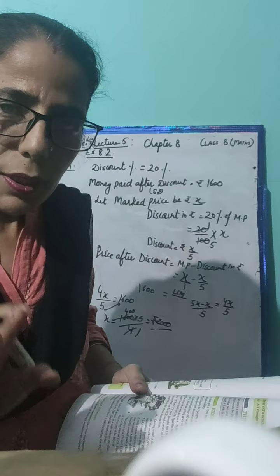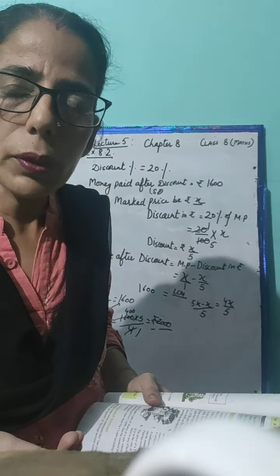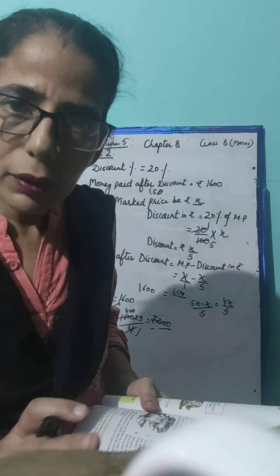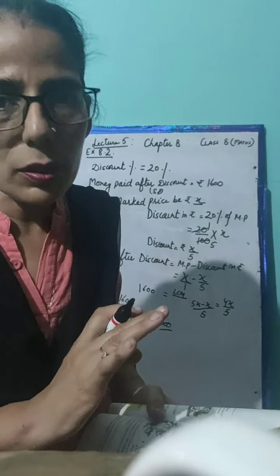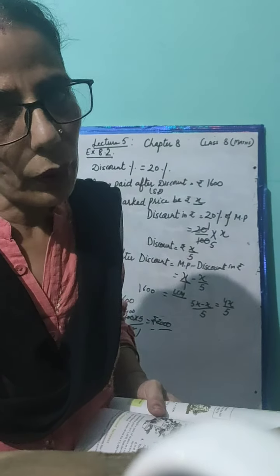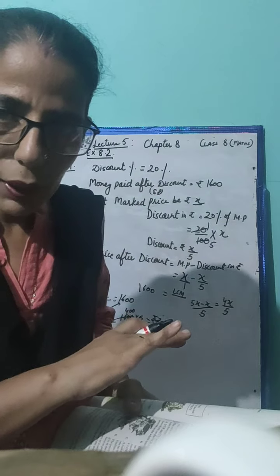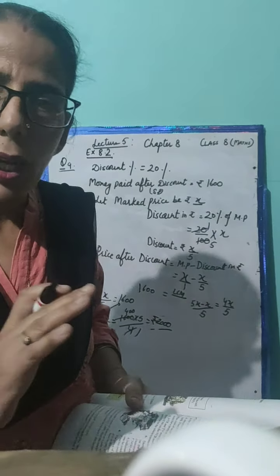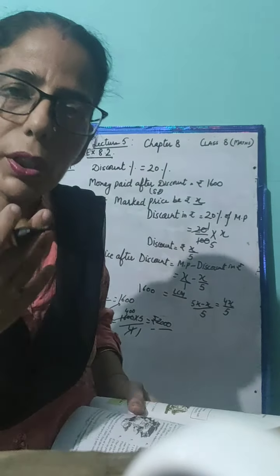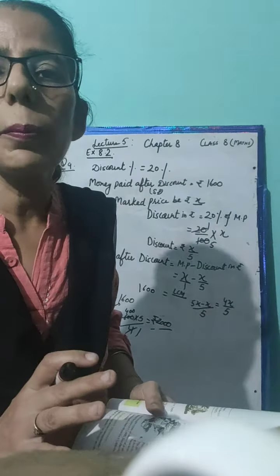Whatever the marked price is, if it is given, then we can simply find the discount in rupees. But if it is not given, we will have to assume let marked price be rupees X. Discount in rupees will always be obtained on the marked price in X terms, and after subtracting this discount from the marked price, whatever value is obtained will be the discounted price.